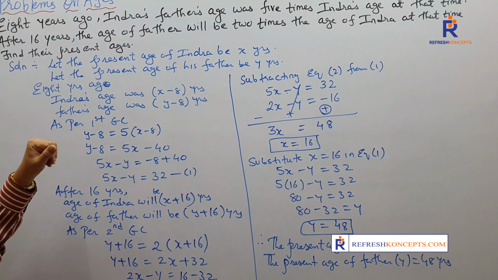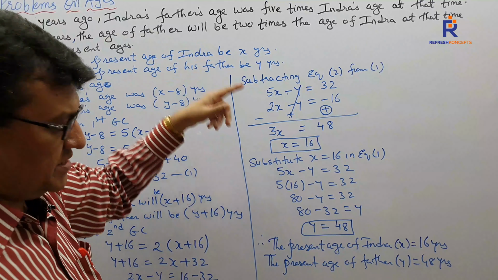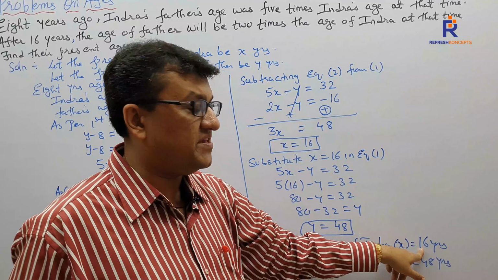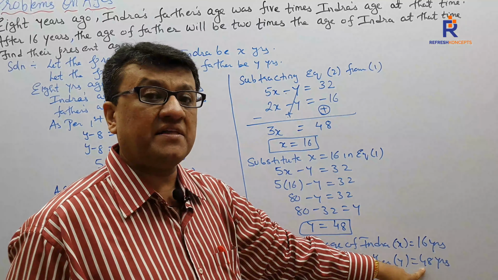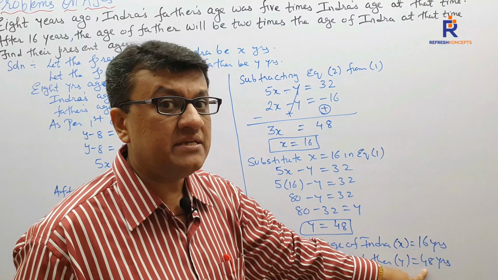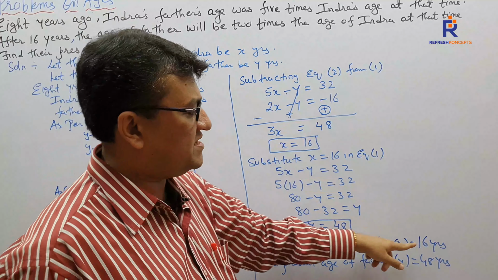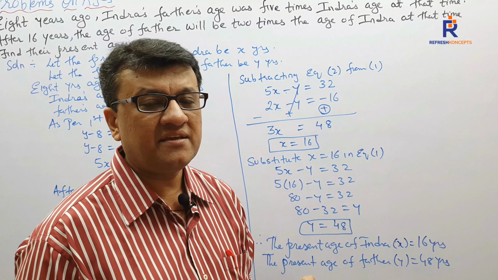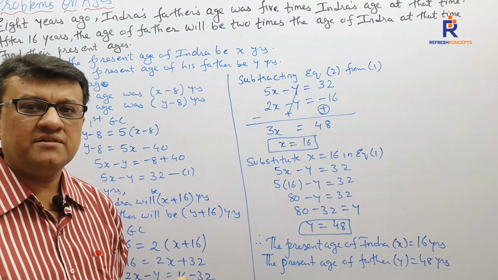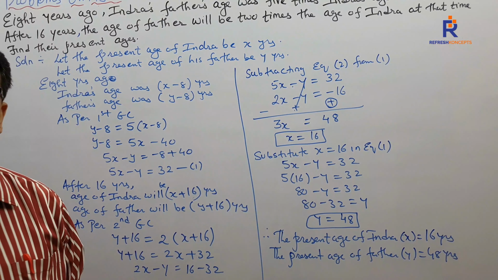You can cross-check the second one also. 16 years hence, what will be the age of Indra at that time? 16 plus 16, 32. What shall be father then? 48 plus 16, 64. Father will be twice. What is the relation between 32 and 64? Twice. So our answer is absolutely correct. Right, children? Sums are very simple if you know how to frame the equation and thereafter solve it.